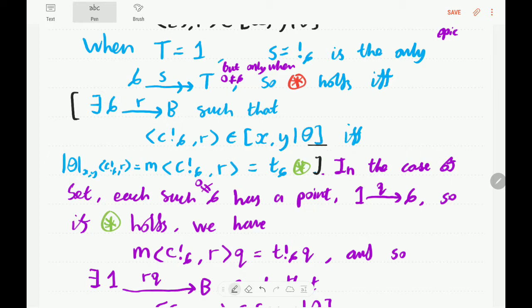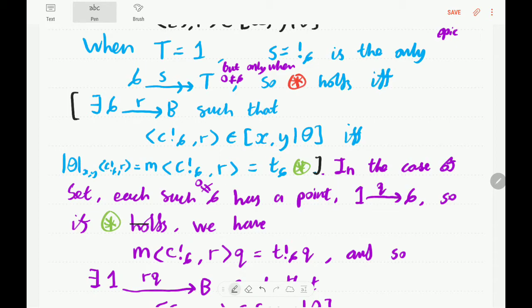And it turns out that if it's satisfied, it'll work for when zeta is the terminal object. Why? Well, suppose this works for some zeta, and suppose working in set, and we know that zeta is not the initial object, so it has to have a point q.